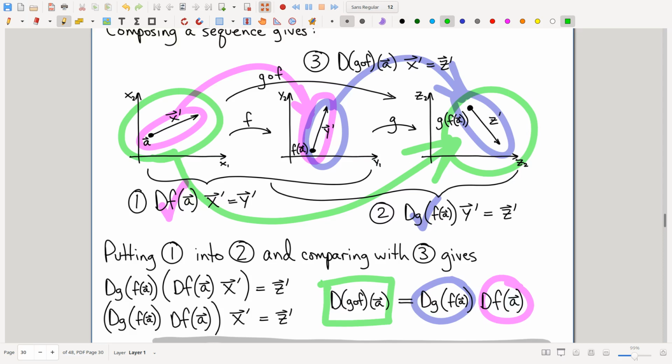So if my point over here is moving with velocity x prime, then there will be some corresponding y prime talking about how its image is moving, and that movement will cause some movement over here. I don't know what it is, but we'll call that z prime.